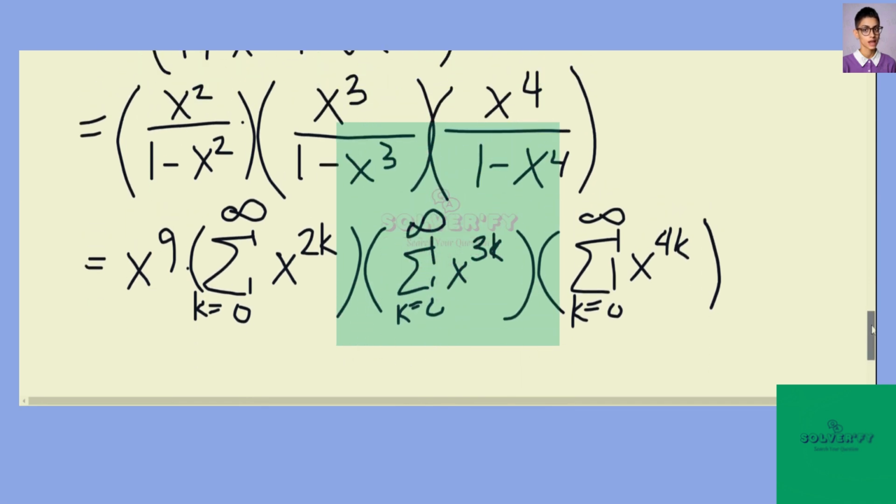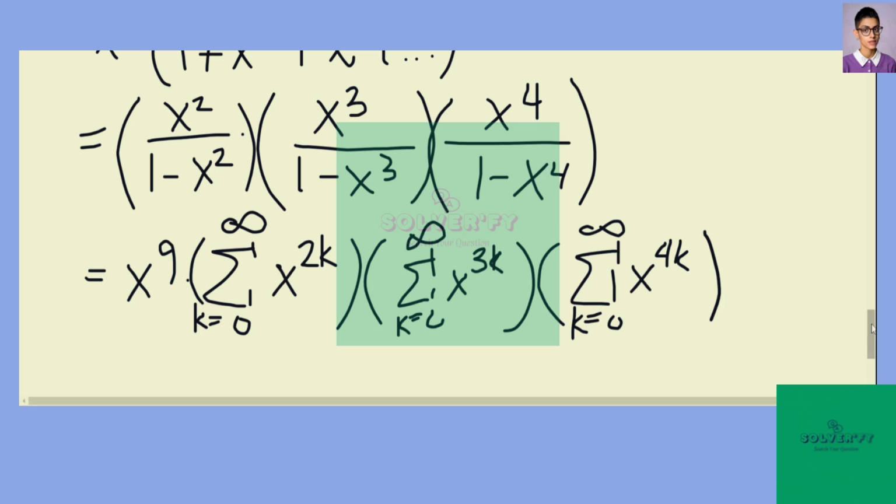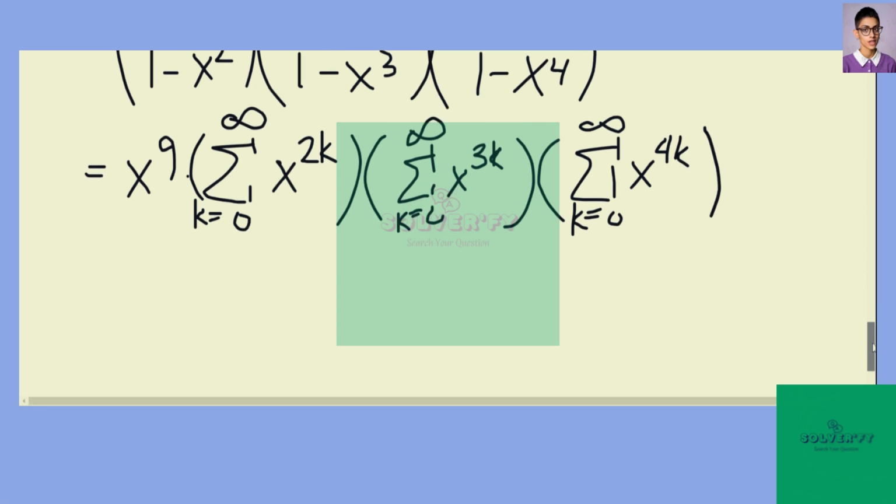And we want to find the coefficient of x to the 10th. Well, we see that if k is greater than or equal to 1 in the case of x to the 2k, then x to the 9th times x to the 2k is going to be greater than or equal to x to the 11th. So that's not going to be helpful. So we have to have that k is equal to 0 here. Likewise, k has to be equal to 0 here, and k has to be equal to 0 here.